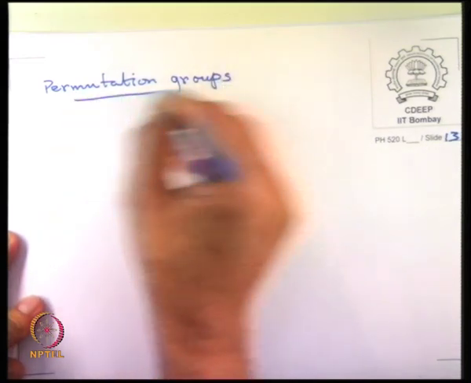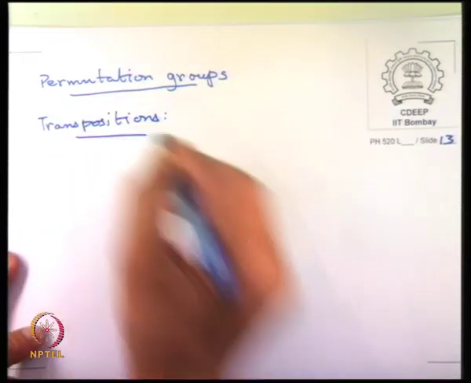Well, they are also called symmetric groups. What is a transposition?